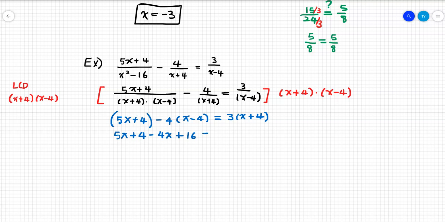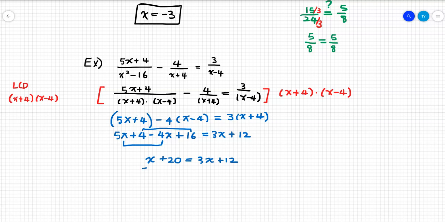Okay, is equal to 3x plus 12. Okay. Let's combine the x terms here. So we got 5x minus 4x, we got x. Then we got 4 plus 16, you get 20. Equals 3x plus 12.